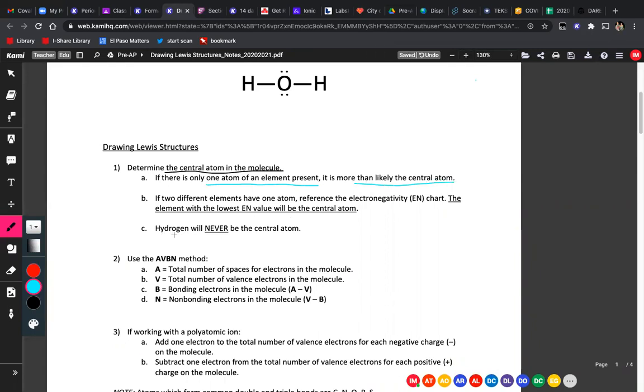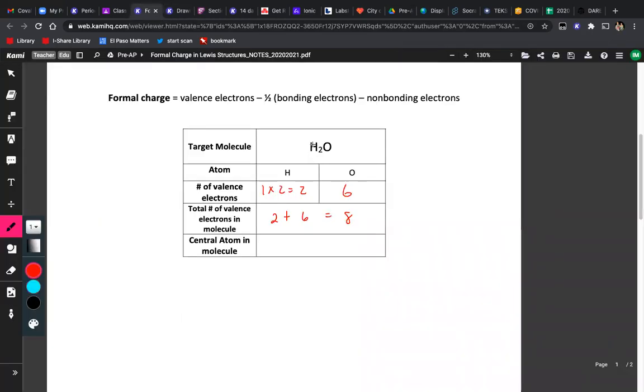Plus, we're not going to use point B right now, but if we look down at point C, it says hydrogen will never be the central atom. Well, we have H2O, so we know that hydrogen can't be the central atom. So by default, we know oxygen is going to be our central atom. We've figured out the basics here.